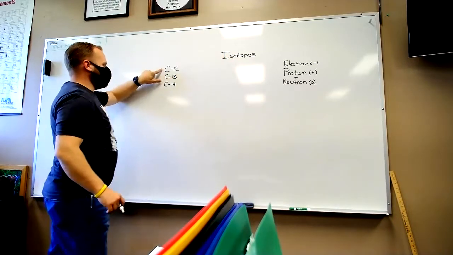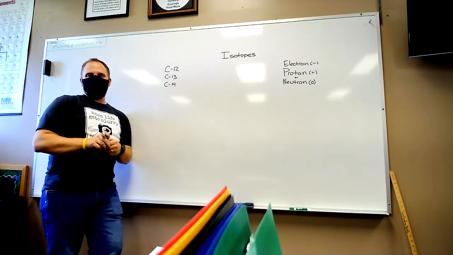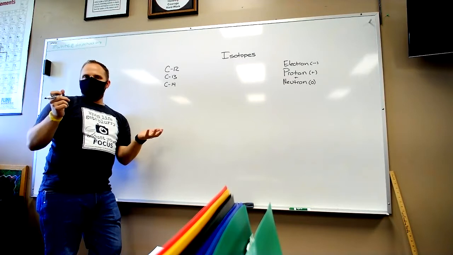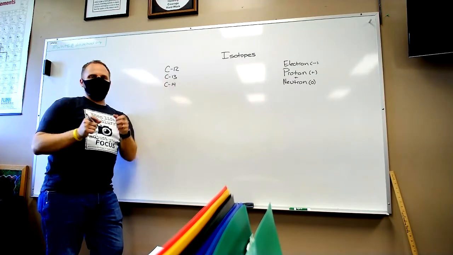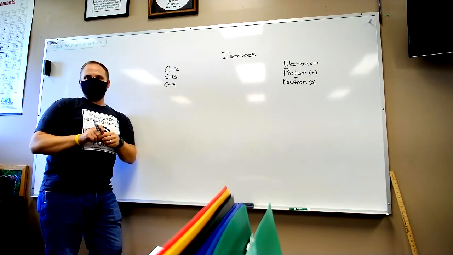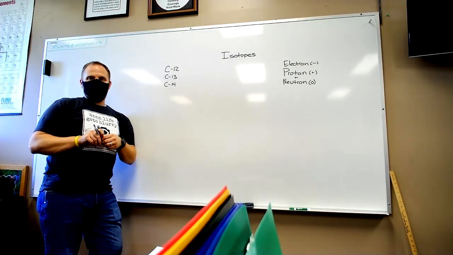So in carbon 12, we know that there were 6 protons. So how many neutrons are in carbon 12? 6, right? Because 6 plus 6 is 12. What about carbon 13? How many neutrons? 7.